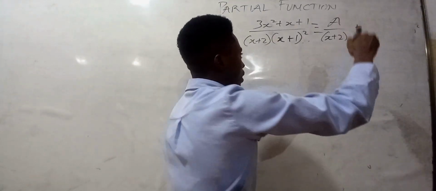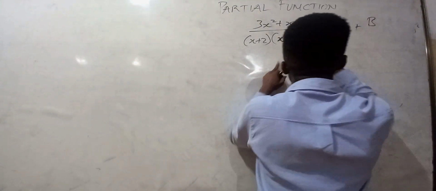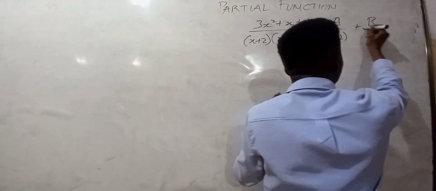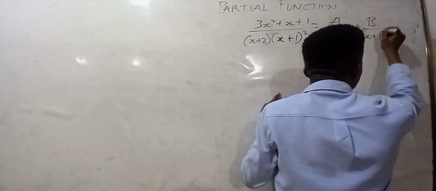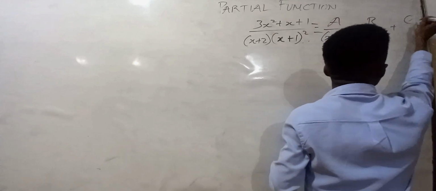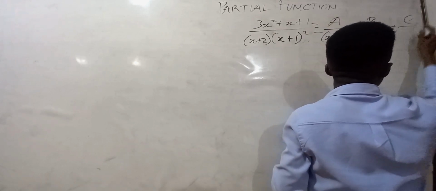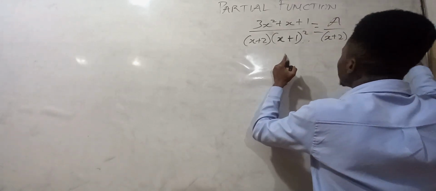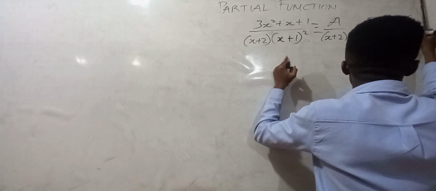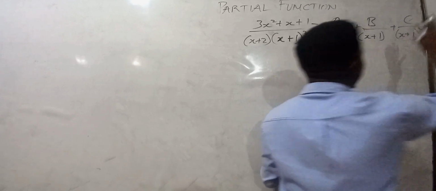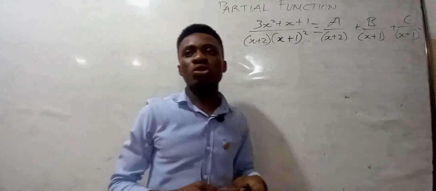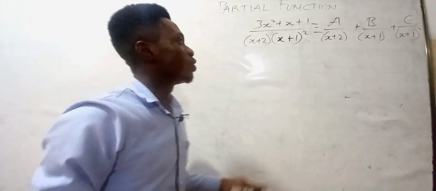But with the B, even though we have x plus 1 squared, we'll give it x plus 1 first, then we'll introduce a new alphabet, which is C. Then we'll give it x plus 1 squared. So this is how the repeated binomial looks like.